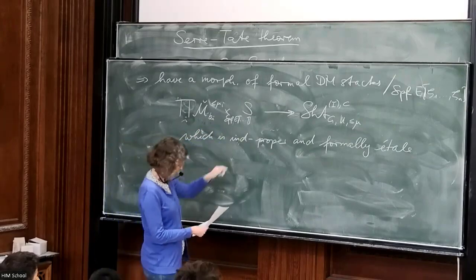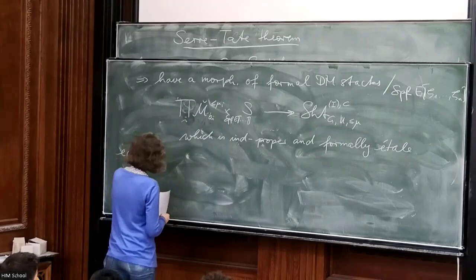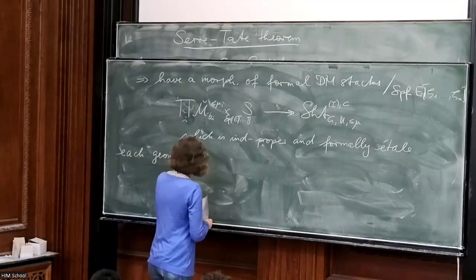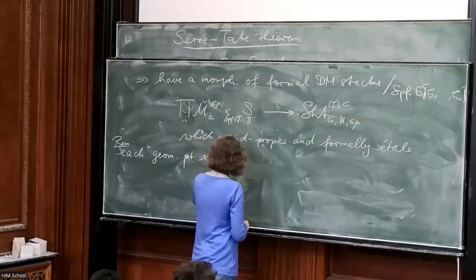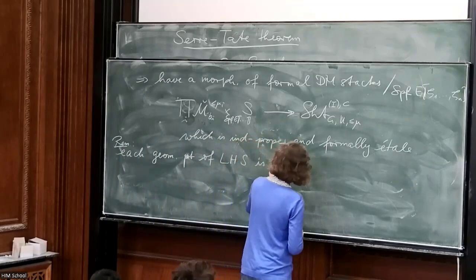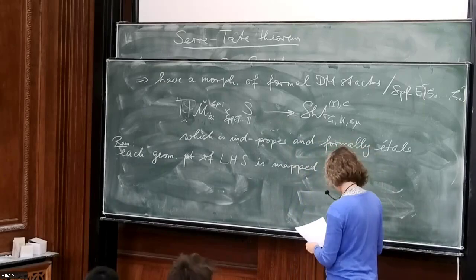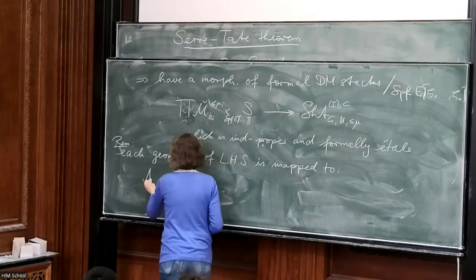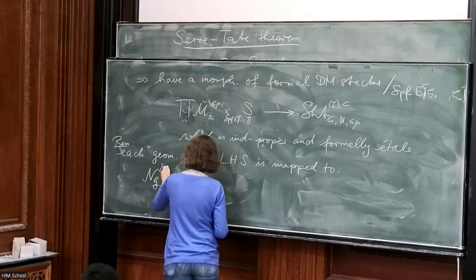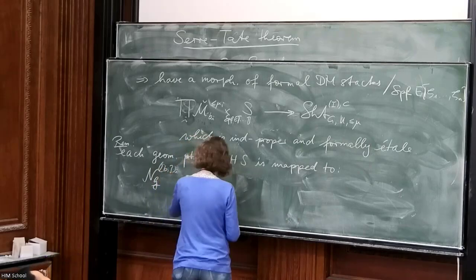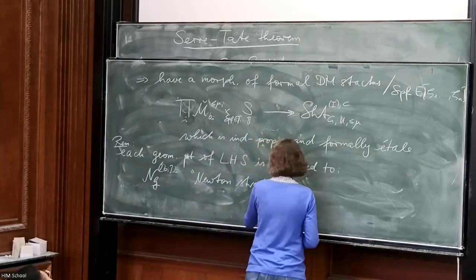So what's the image of this map? Remark: each geometric point of the left-hand side is mapped to something that I would denote by N_{G underline}^{B_i}. This is the so-called Newton stratum for this particular data.